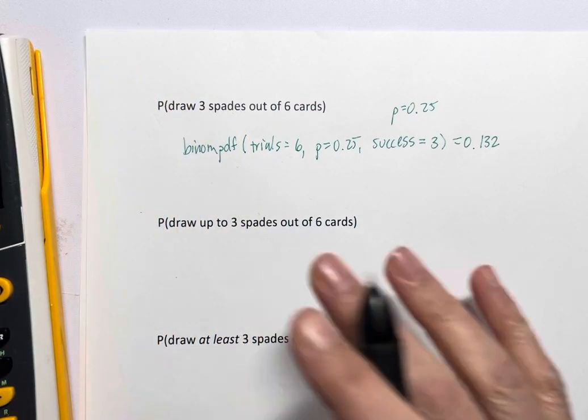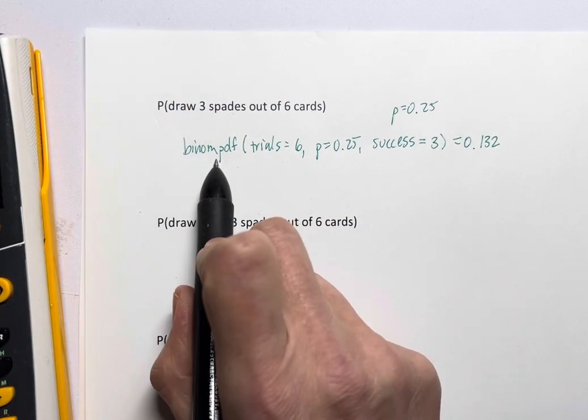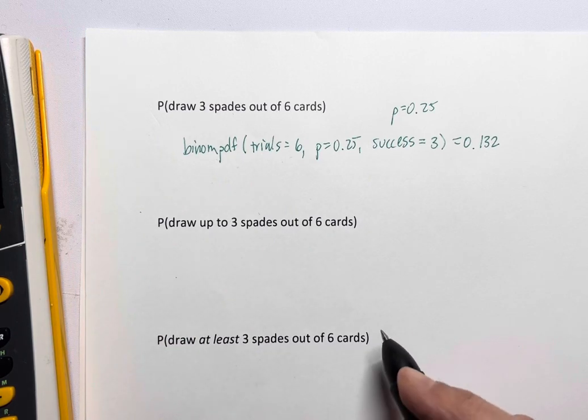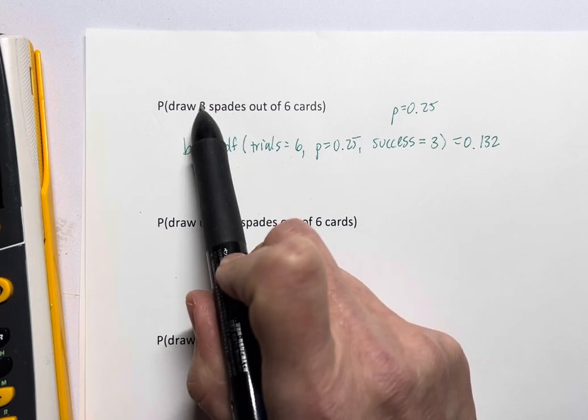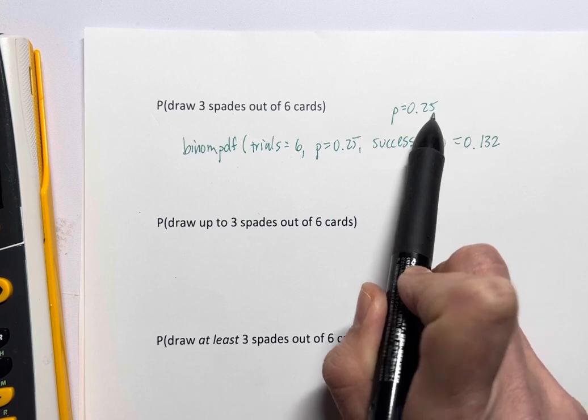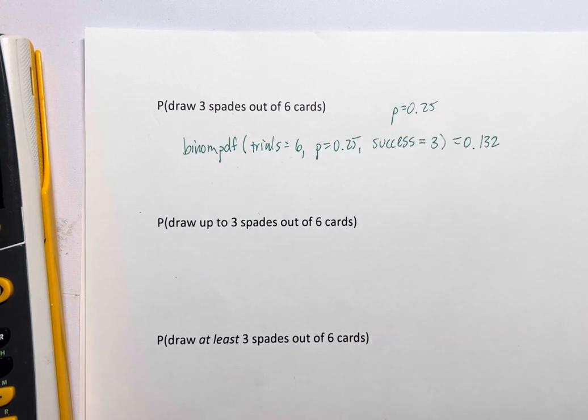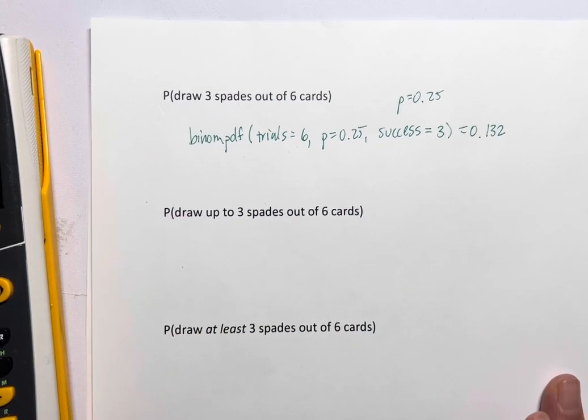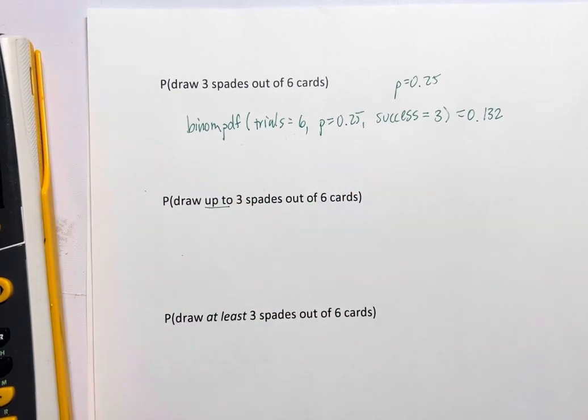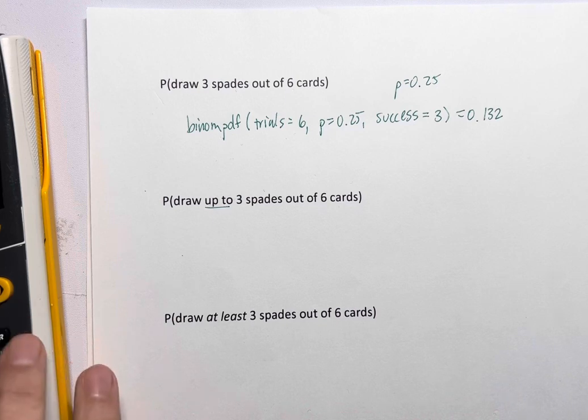Okay. Now, so that's our binomial PDF. And again, it's that number of successes out of a certain number of trials, still constant successes. So now we're saying probability of draw up to 3 spades. So you could have no spades, 1 spade, 2 spades, or 3 spades. So anything but 4, 5, or 6 spades, right?